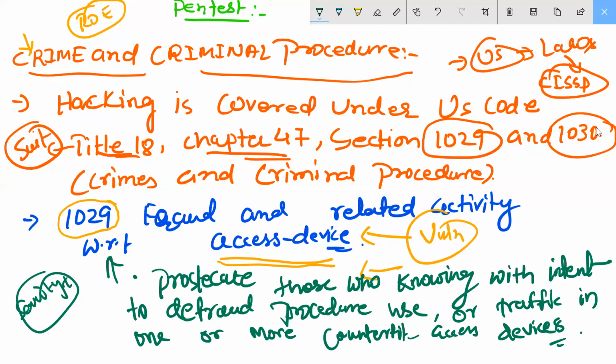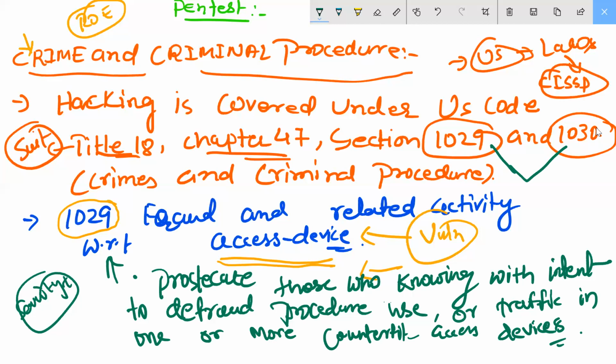Fine. Then if you go for an interview also, they will ask you what is the difference between 1029 and 1030. Understood my point?